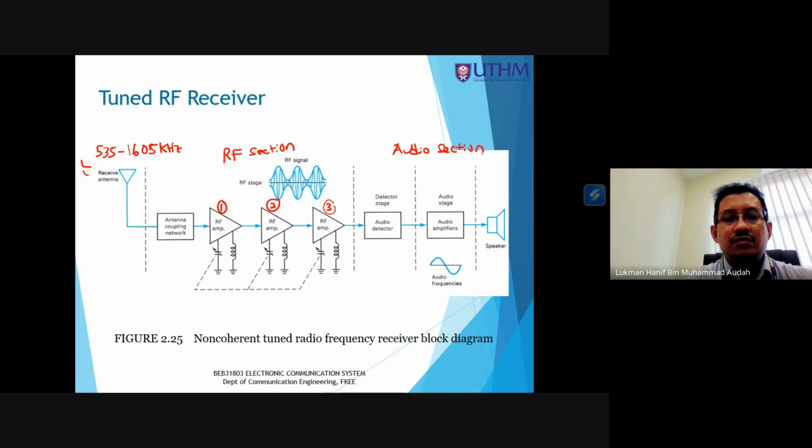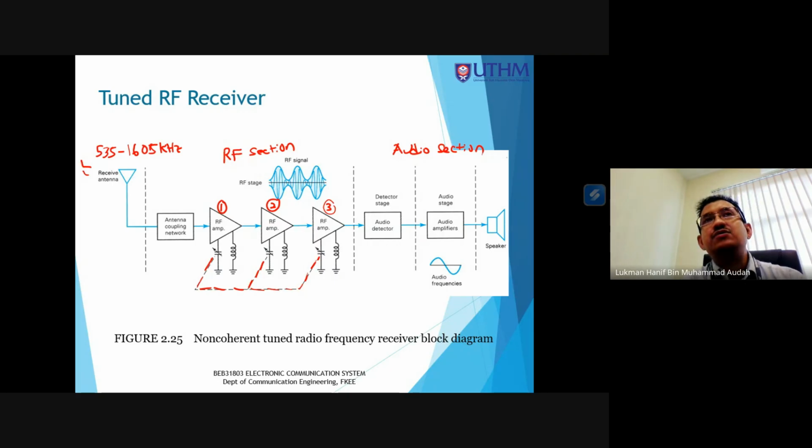If you see the dotted line here, that means all the amplifiers are gang tuned to the same frequency.